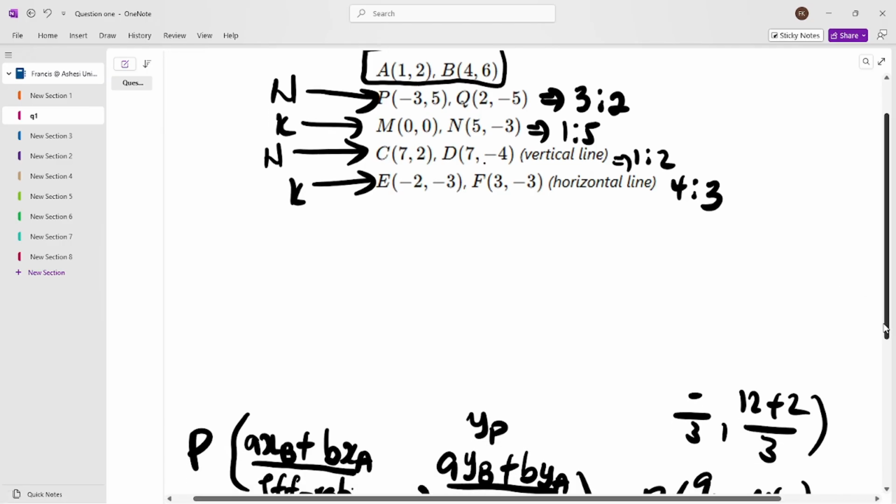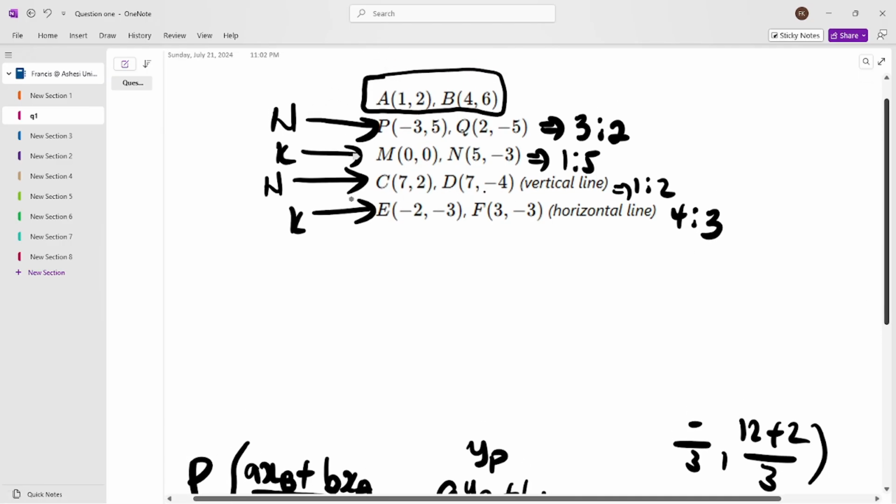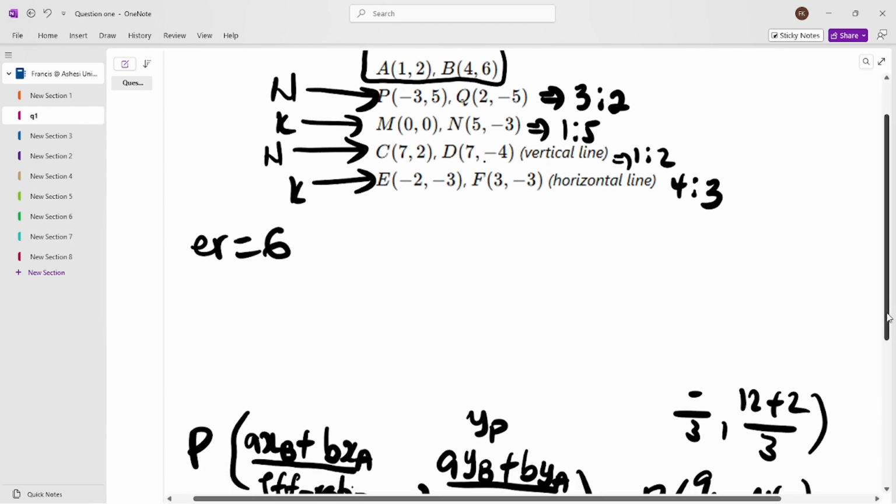Sir, for the first question, you said the ratio is 1:5. So our effective ratio will be 6. We use the formula P is equal to (a times b plus b times e) all over the effective ratio.